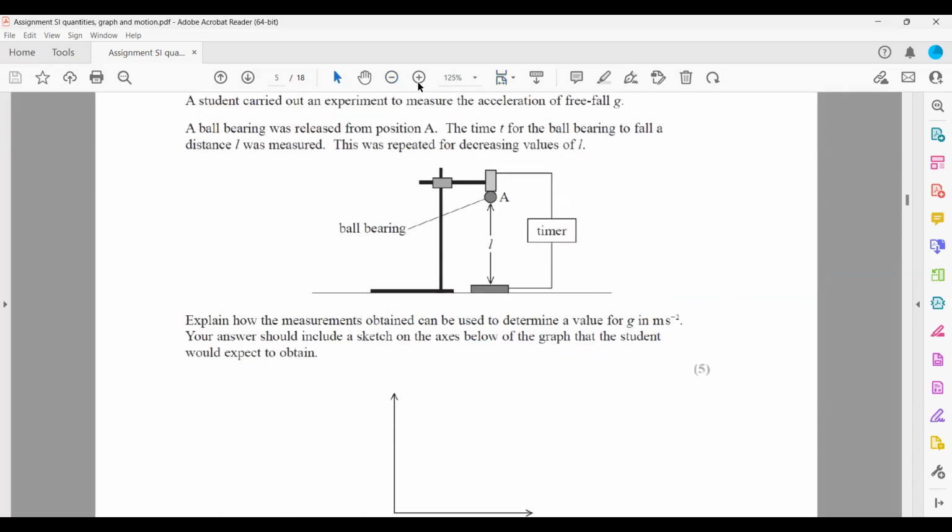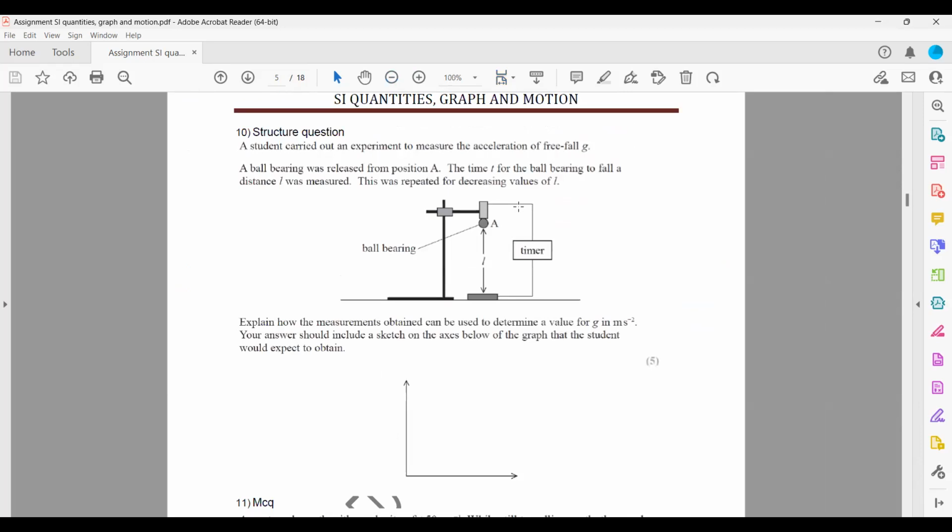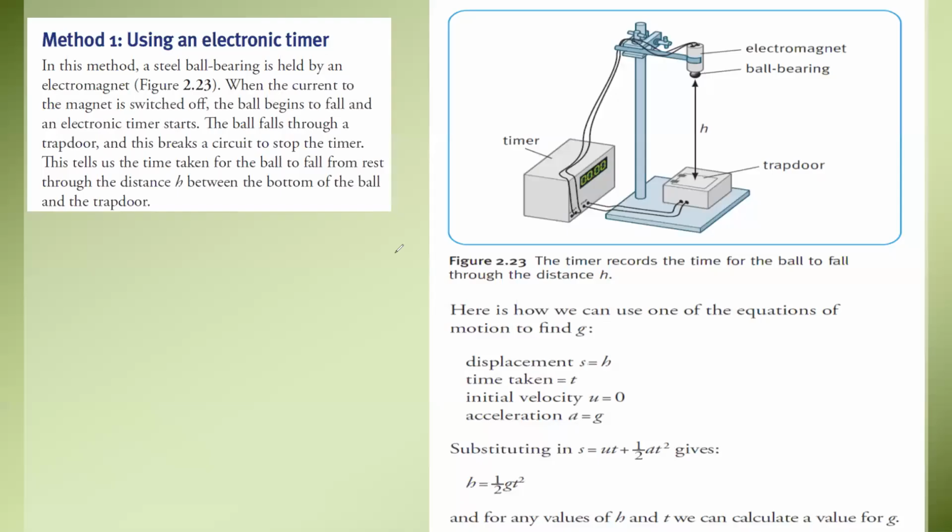So we already discussed this experiment, how we can determine the acceleration due to gravity. This was the experiment. The whole procedure is there. In this method, you can see a ball bearing is held by an electromagnet, as you can see in figure 2.23.